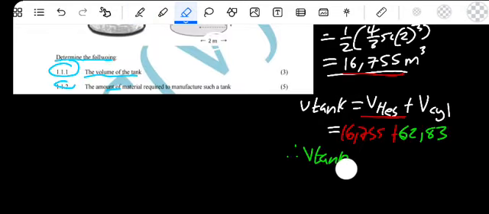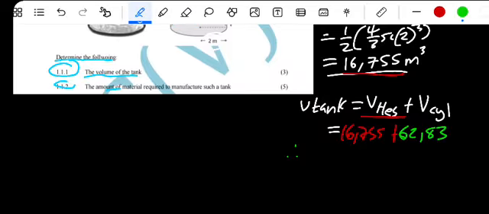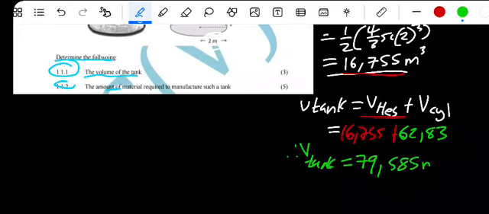We sum those two up, and we have 79.585 cubic meters. So that is the volume of that tank.